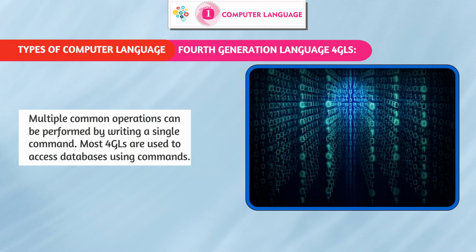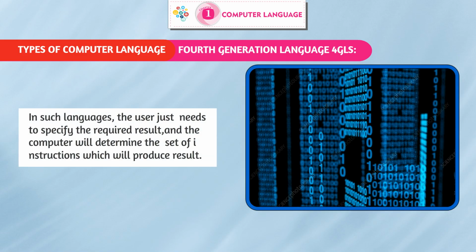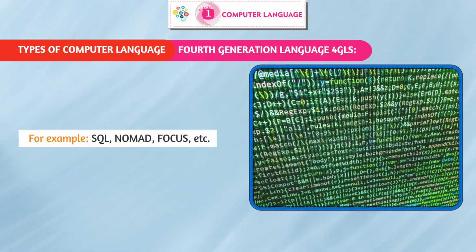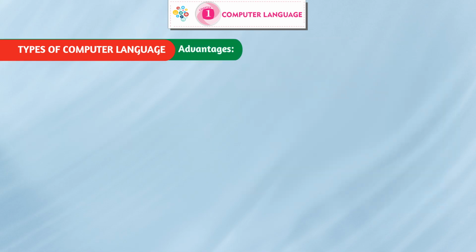Most 4GLs are used to access databases using commands. In such languages, the user just needs to specify the required result, and the computer will determine the set of instructions which will produce the result. For example, SQL, Nomad, Focus, etc.